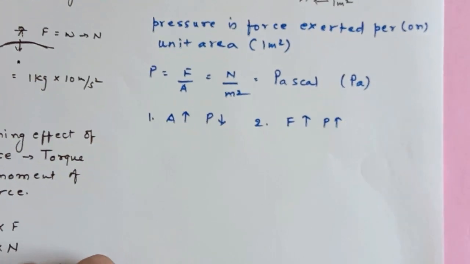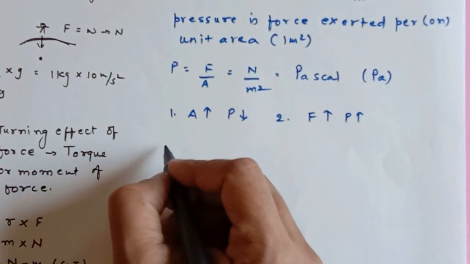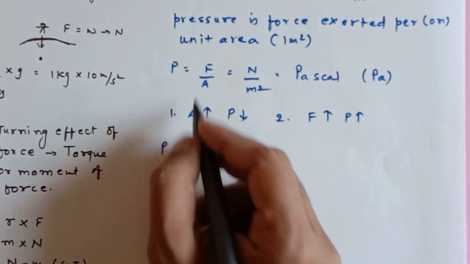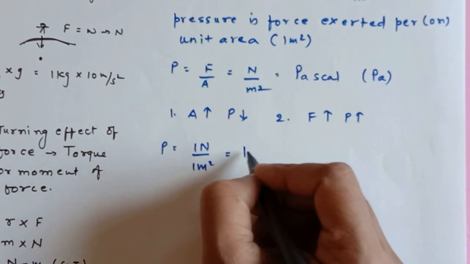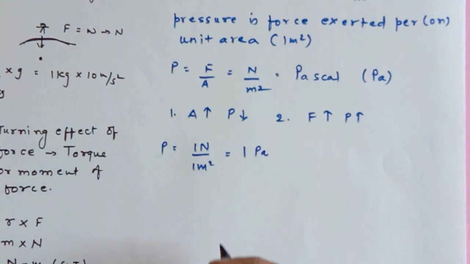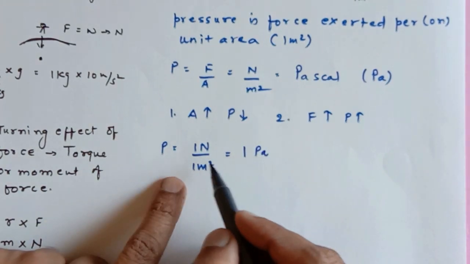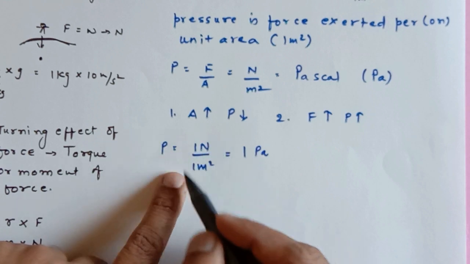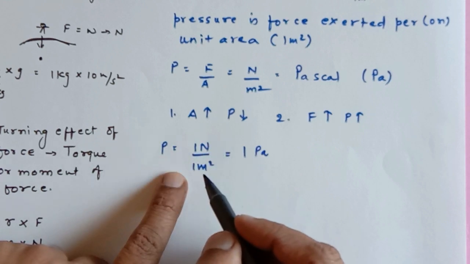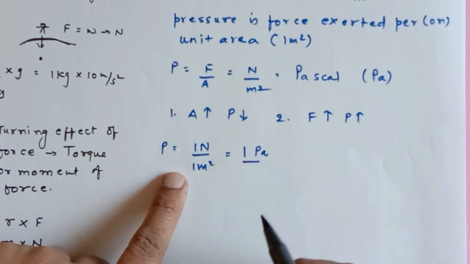Right? And suppose 1 Newton is the force applied on 1 meter square area, then 1 by 1 is 1 Newton per meter square, which is Pascal. So when 1 Newton force is exerted on 1 meter square area, the pressure itself is called 1 Pascal.